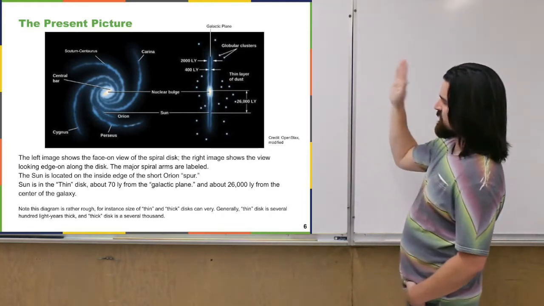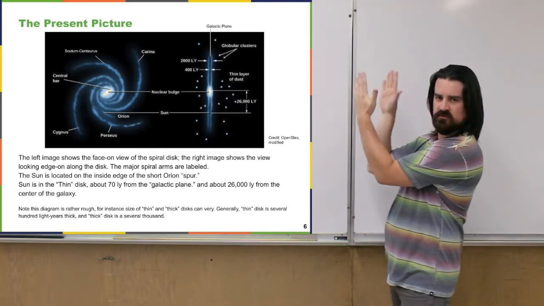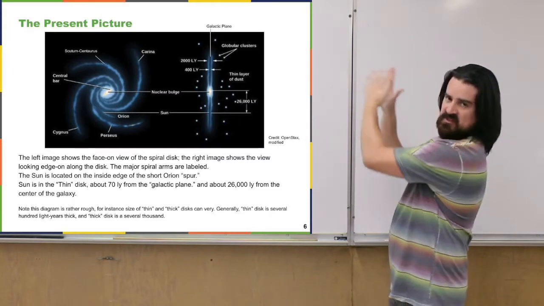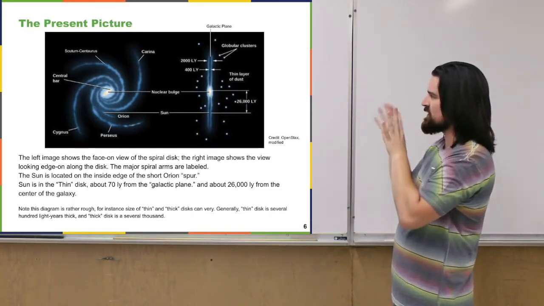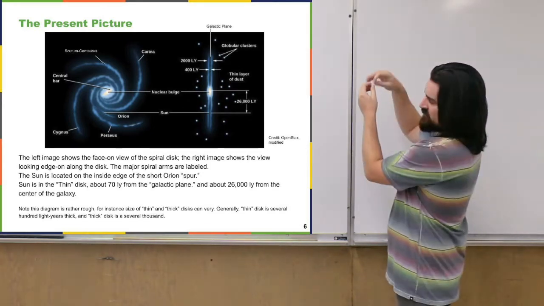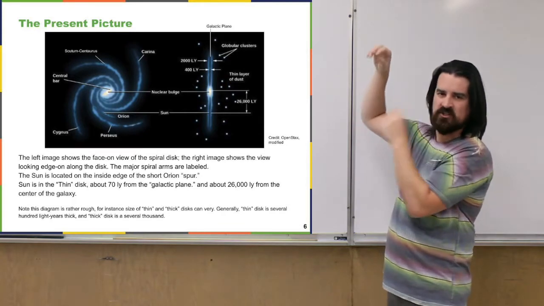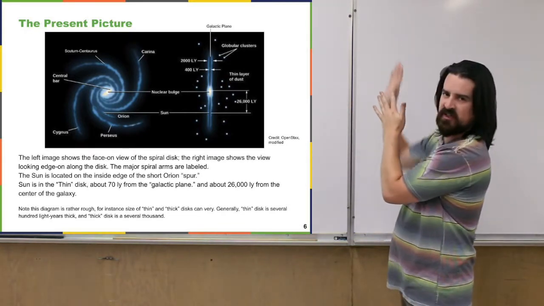And then if we think about looking at the edge-on picture, there's a certain thickness to our galaxy, at least of this disk stuff of the galaxy. And you can differentiate between a thin disk and a thick disk. In general, the density of stars gets less as you move away from the plane of the galaxy.